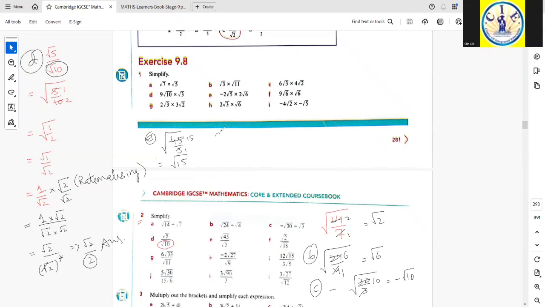Okay, then for part F, that is writing these two under the same radical sign, that gives me radical 1 by 9, and then splitting this radical 1 and then radical 9, that will be like this: 1 times 3. So this is how these questions are to be done.